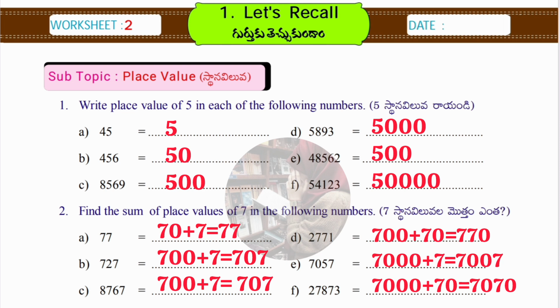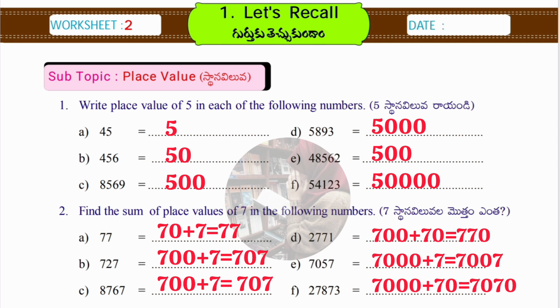Next, D, 5893. Here 5 is in thousand place, that's why 5 into 1000 is 5000. In fifth one, 48,562, so 5 is in 500 place. Last one is 54,123. Here 5 is in 50,000 place.